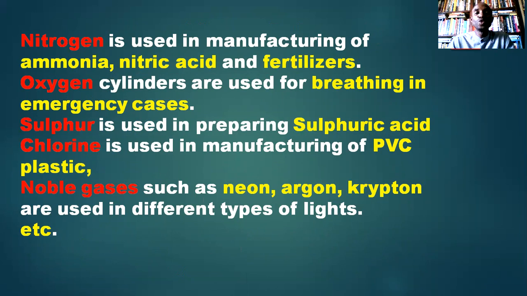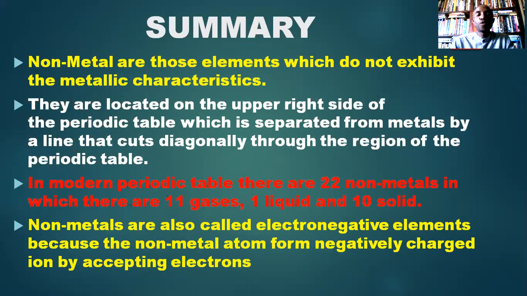These are different uses of non-metals. It depends on the one we want to talk about. So these are the things that we discussed on the topic of non-metals. All right, summary so far: non-metals are those elements which do not exhibit metallic characteristics. They are located on the upper right side of the periodic table, separated from the metals by the diagonal red line.